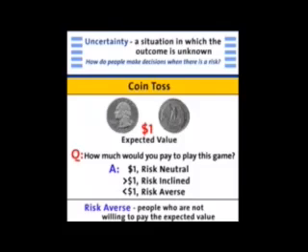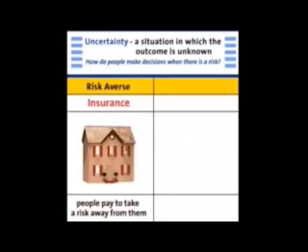Now, it's kind of interesting why it is that people will buy insurance and also go to Las Vegas and gamble on a vacation. Sometimes we act as though we are risk-averse. Whenever you buy insurance on your house, you're paying someone to take the risk away from you. And usually what you're paying is greater than the expected value of your loss.